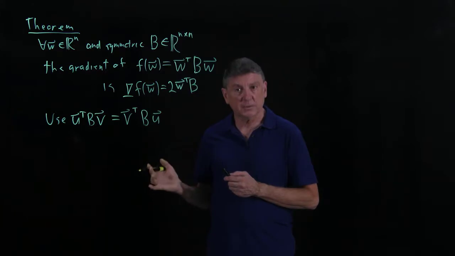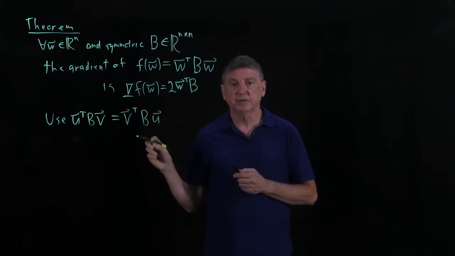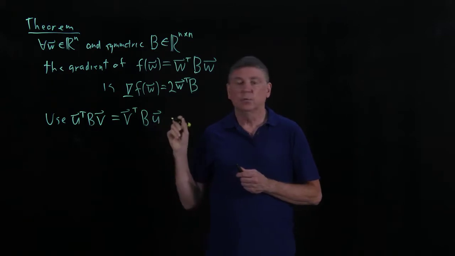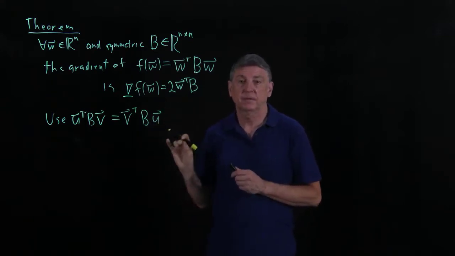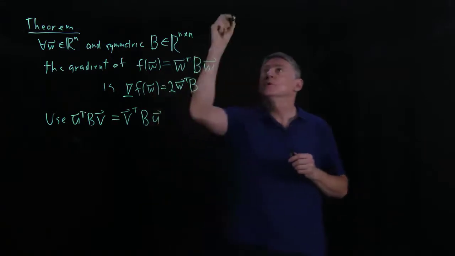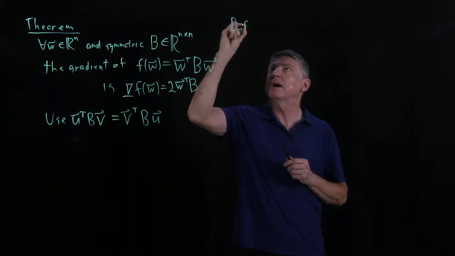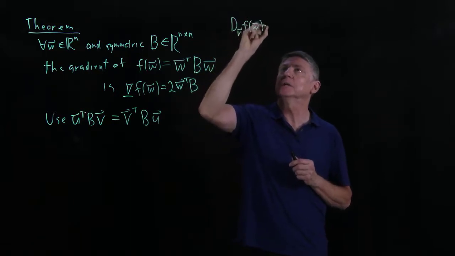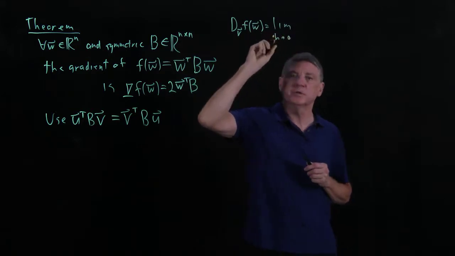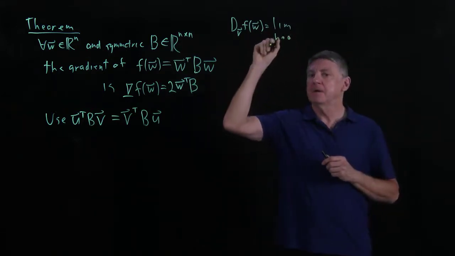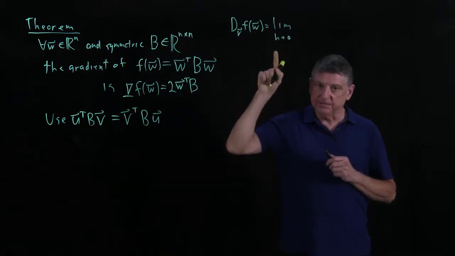Okay, so that's what we're going to do. Let's write down the directional derivative, and we'll immediately put f, our function, in. So the directional derivative in direction v of this particular function is the limit as a scalar value h goes to 0 of f of w plus hv.